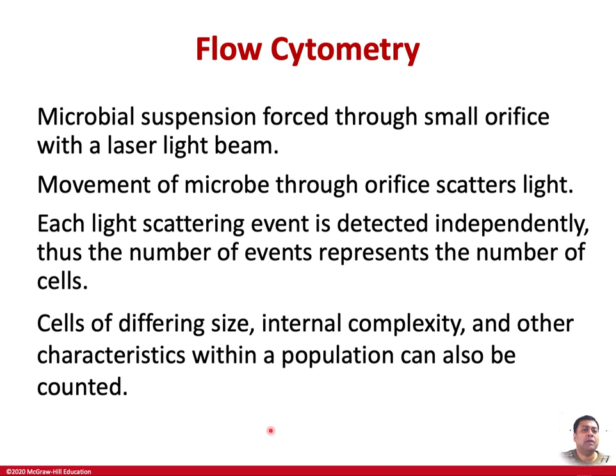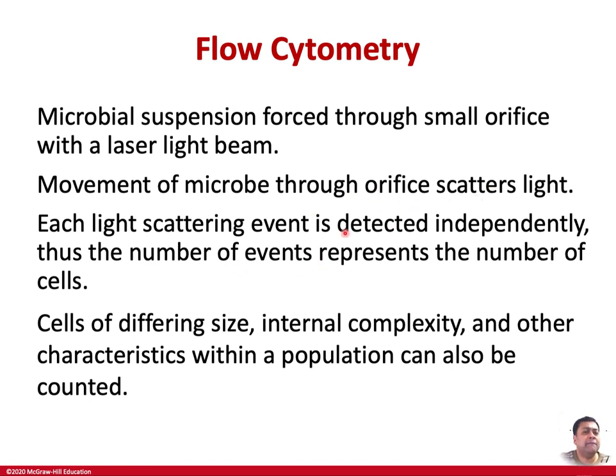Flow cytometry is a pricey technique in which a microbial suspension is forced through a small orifice, or a hole, which has a laser light beam. When this single stream of microbes moves through the orifice, it scatters the laser light.